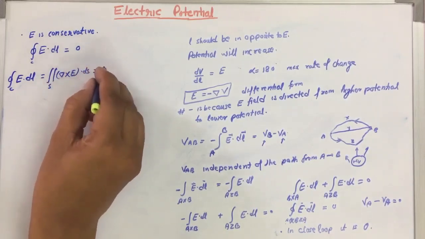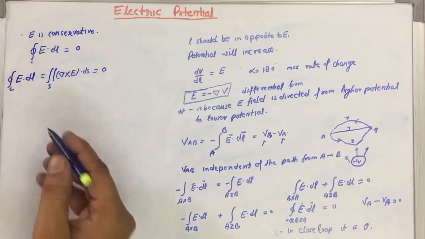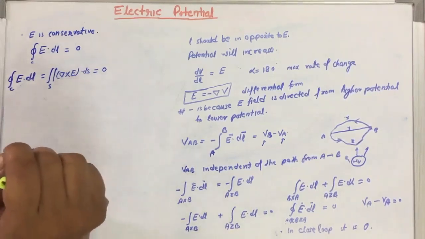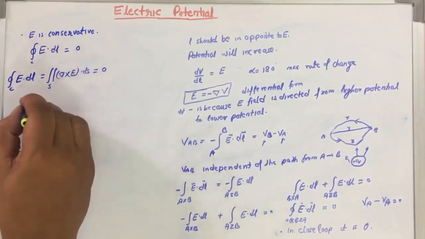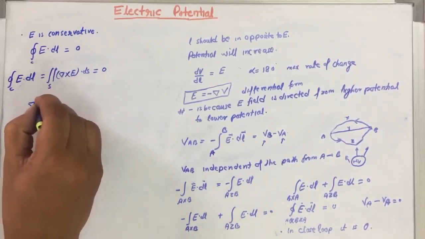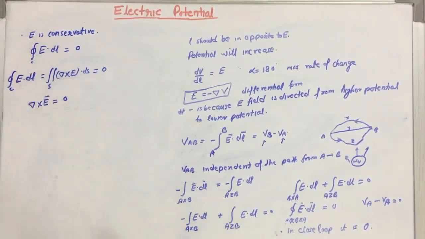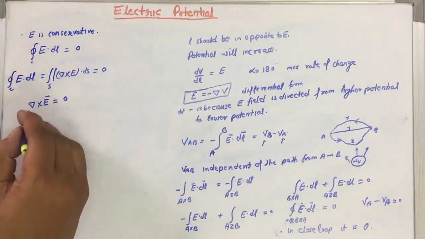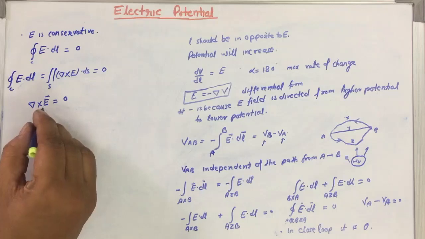It must be equal to 0 according to Stokes theorem, and it is irrespective of the curve. So from here we can say del cross E should be equal to 0. This is the differential form of the conservative law of electric field.